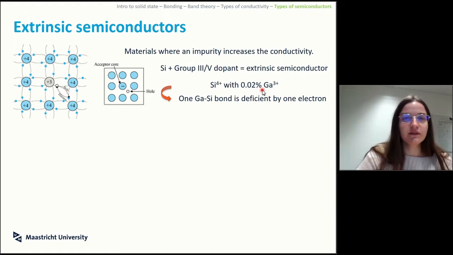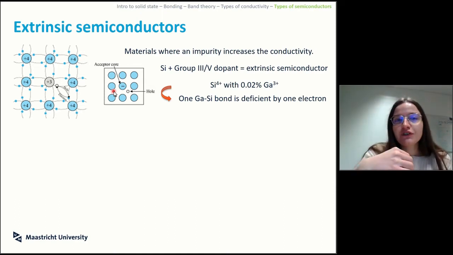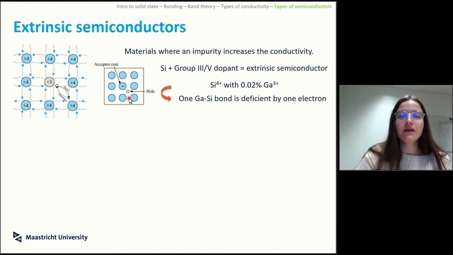So if you add 0.02% of gallium to your silicon, then statistically speaking, there will be one bond in the whole structure, but not fixed, that is deficient of one electron. So there is a hole hanging around. So somewhere in this whole band arrangement is missing a hole, right?